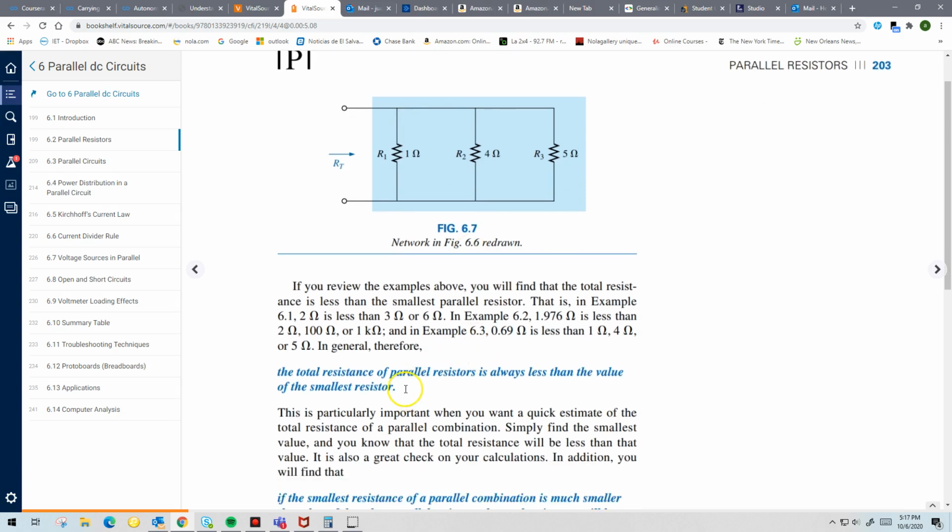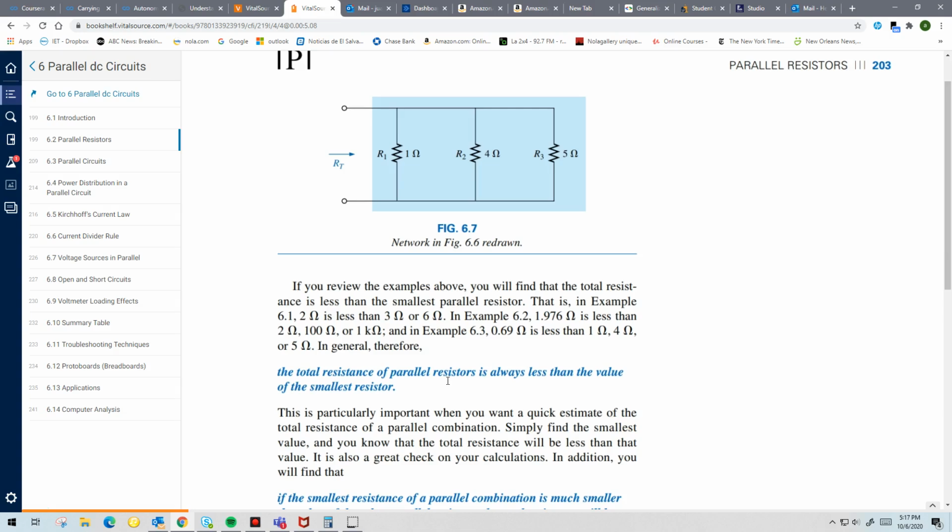Another clue, another thing that gives you ways of understanding how resistors and devices are connected, is by looking at some behavior, right? For example, if you remember when we looked at series connected resistances, the total resistance is always larger than any individual resistance.